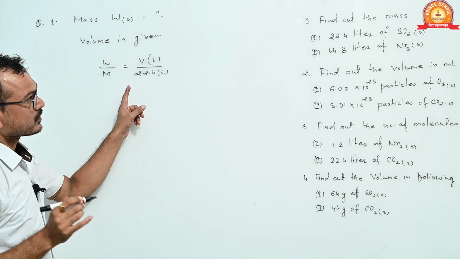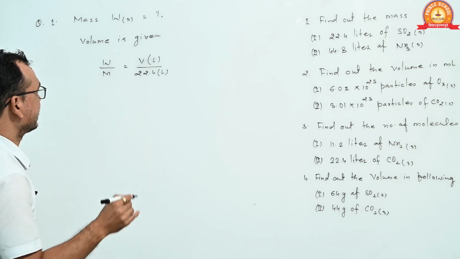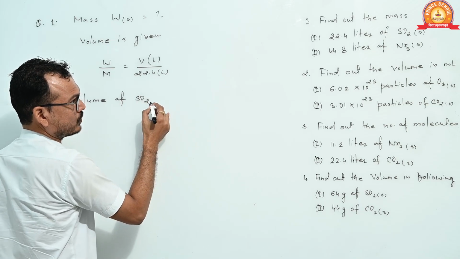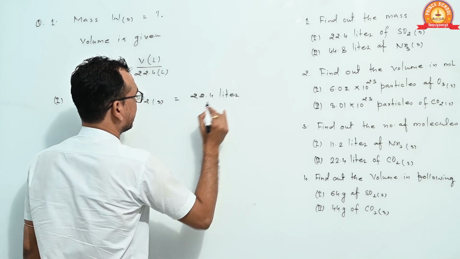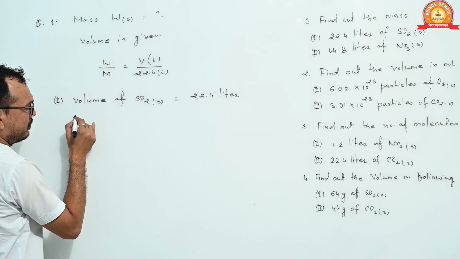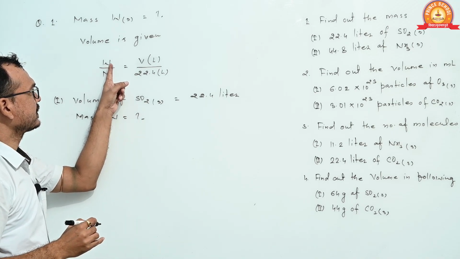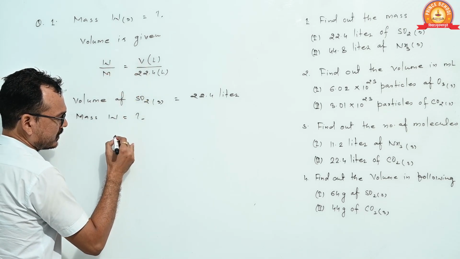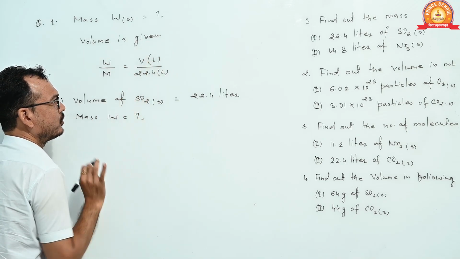Is that clear? The volume of SO2 gas is 22.4 liter and we want to calculate the mass. It means we are going to calculate W, and this is the relation between the mass in gram and volume. We apply this equation to calculate the mass if volume is given.